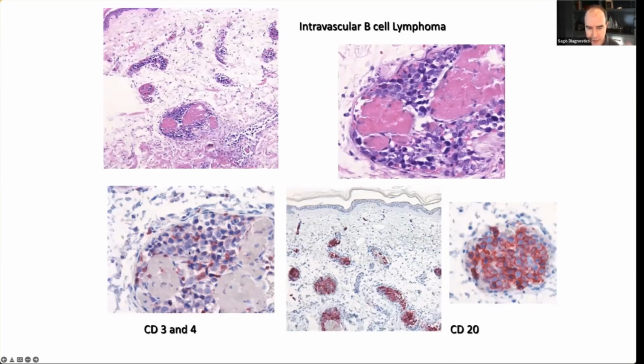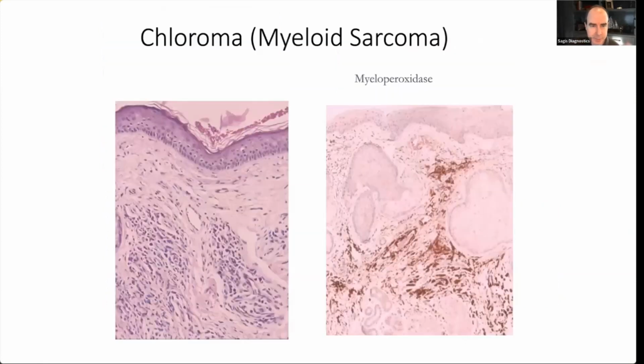So CD3 and 4 are T cell markers, and these cells are actually negative. When we throw on the B cell marker, they're actually positive. Here you can see these large atypical cells. So that's an intravascular B cell lymphoma. You can also have intravascular T cell lymphoma. So you can see how we use the different markers to differentiate the two.